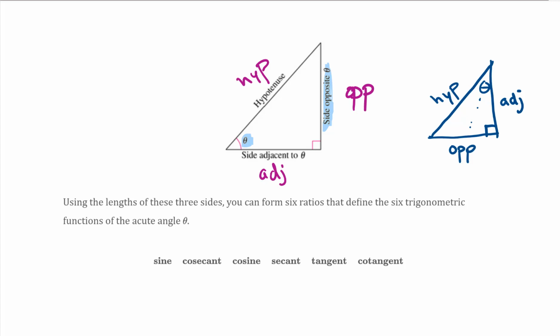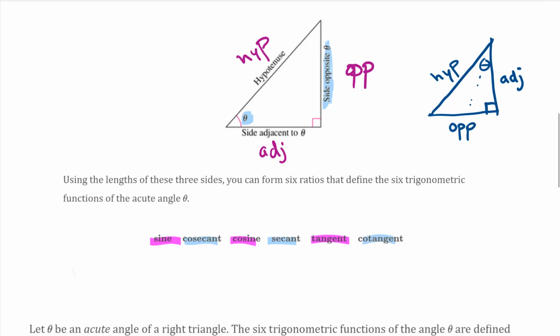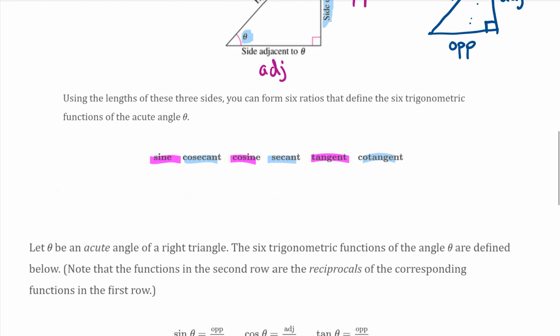We have sine, cosine, and tangent. Those are our 3 big ones. And then we also have what's called our reciprocal functions, cosecant, secant, and cotangent. Okay, we'll get into all that stuff. We'll define it in just a moment. But let's just keep going.